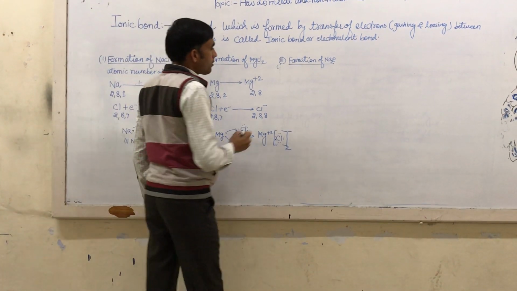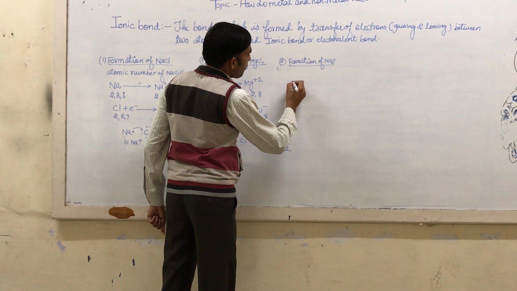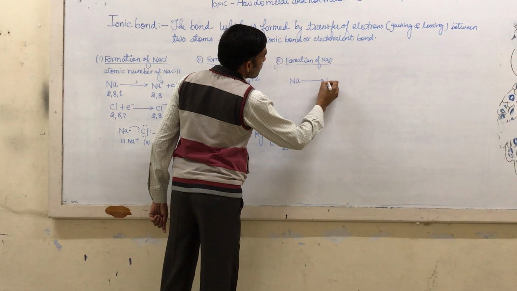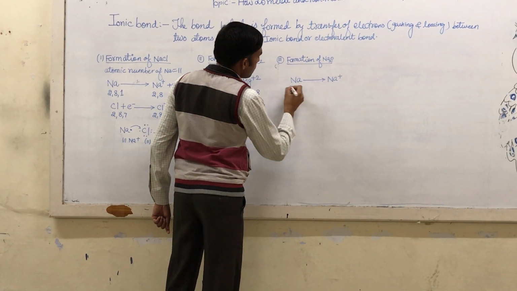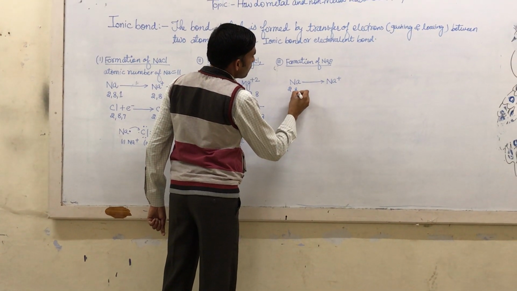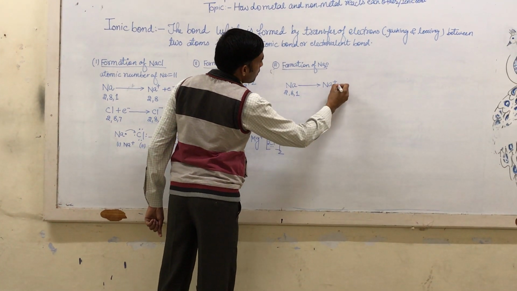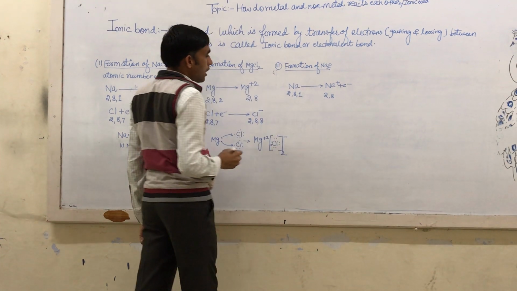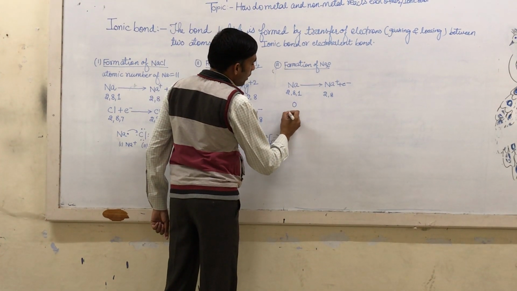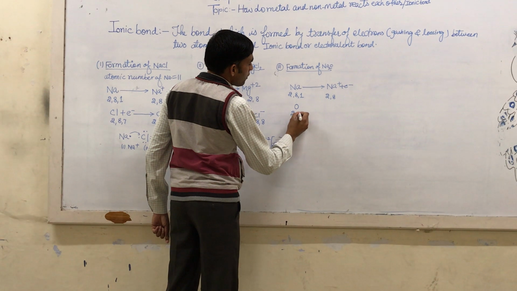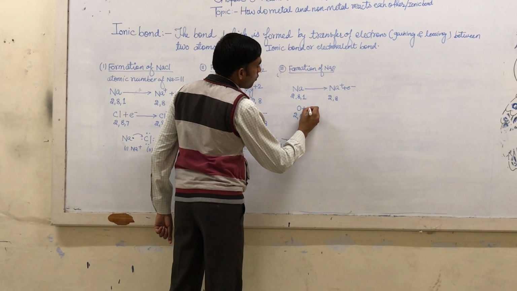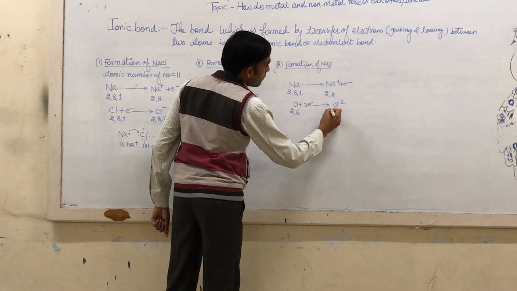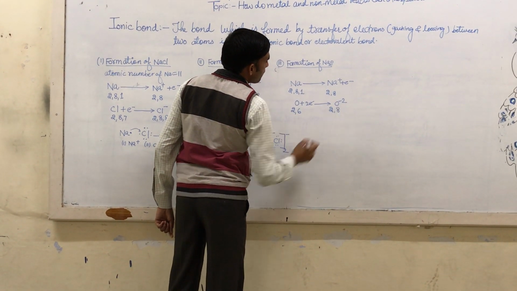Again, first the formation of sodium ion from Na to Na plus, 2, 8, 1 losing 1 electron to give 2, 8, and then formation of the oxide ion. Oxygen has atomic number 8, 2, 6, and by gaining 2 electrons forms the oxide ion, 2 and 8.